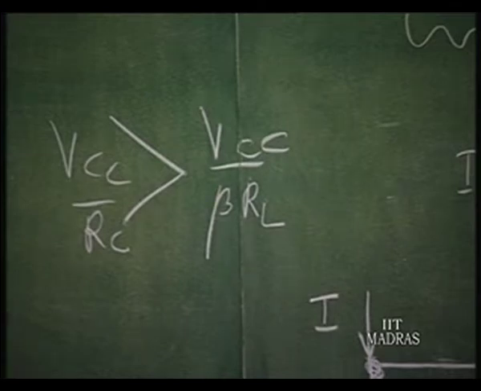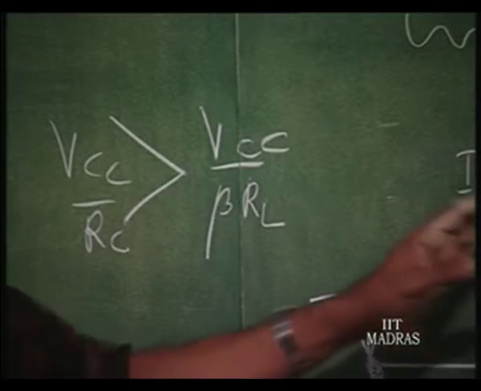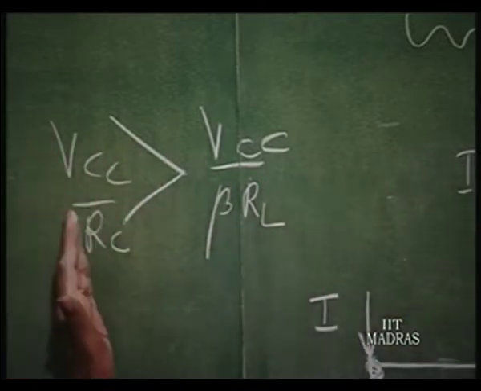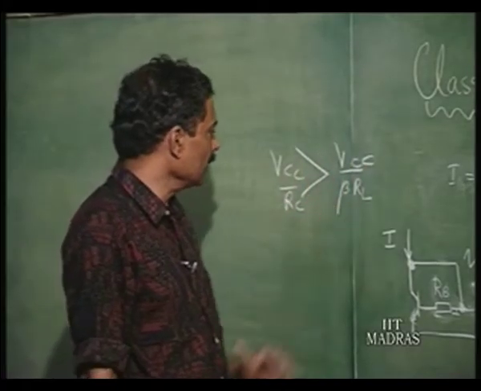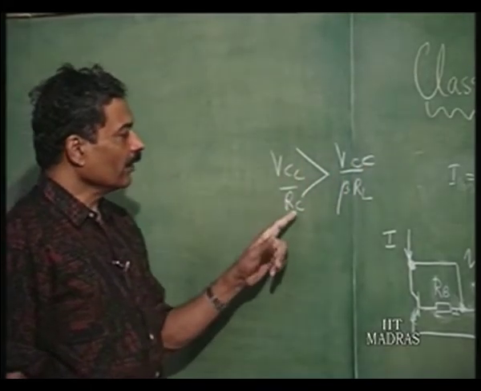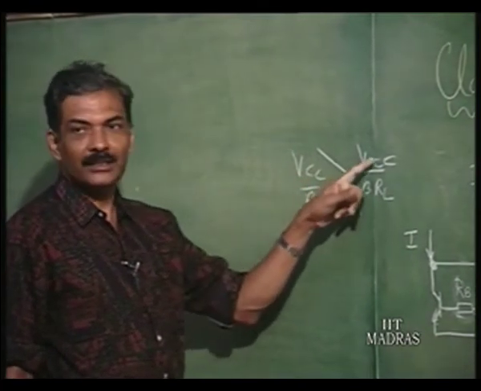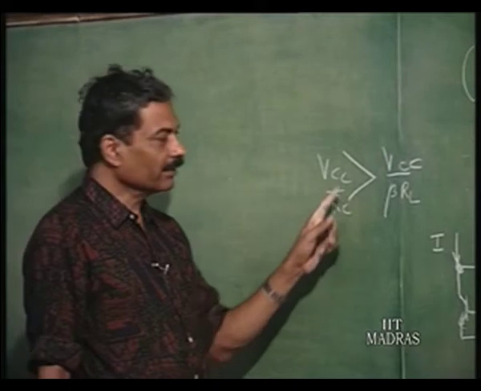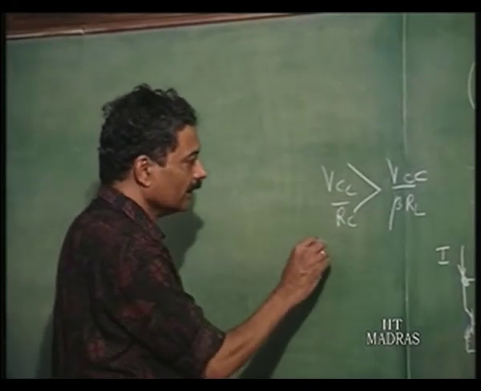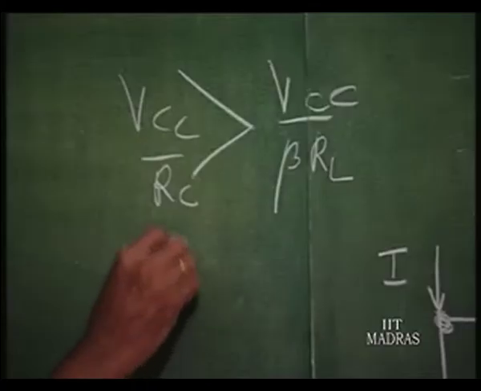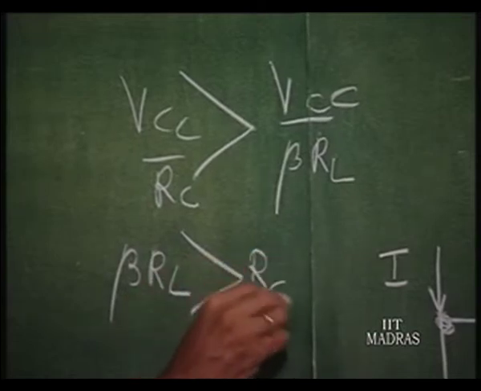So, this is the basic structure for this particular thing. Therefore, if we have Vcc by Rc chosen to be greater than Vcc by beta RL, then you know how Rc can be chosen, because Vcc gets cancelled and it will give you a limitation that beta RL should be greater than Rc.